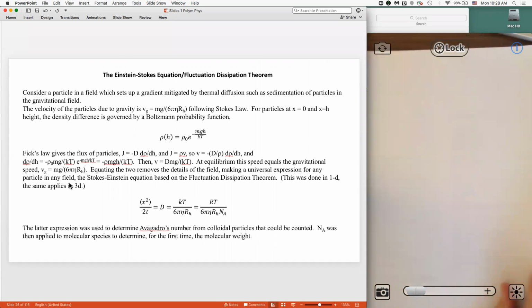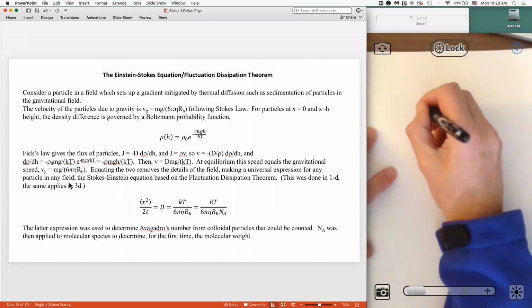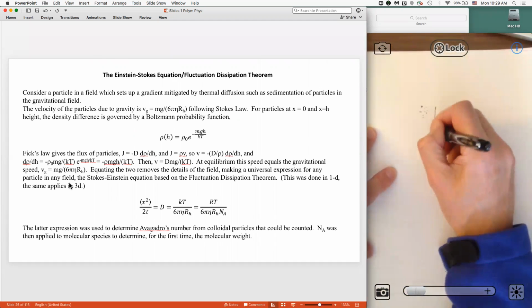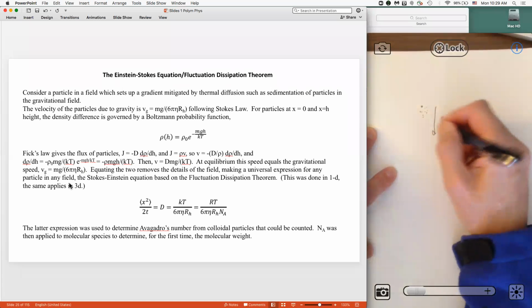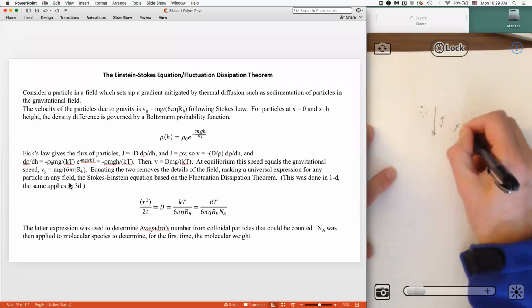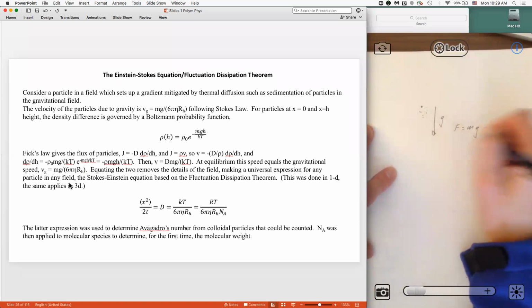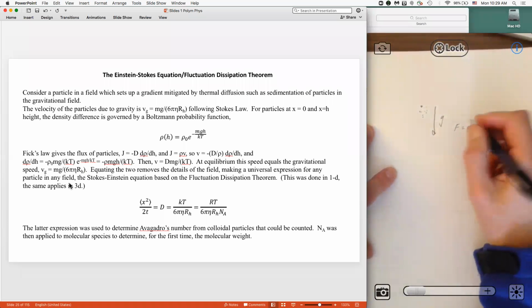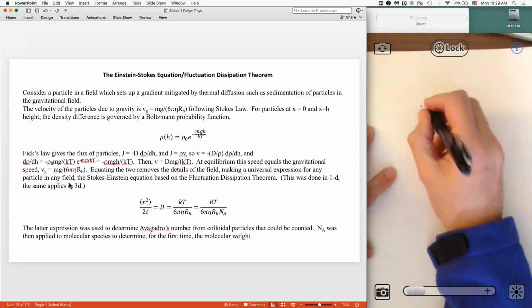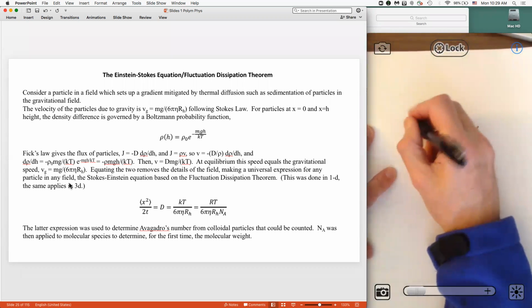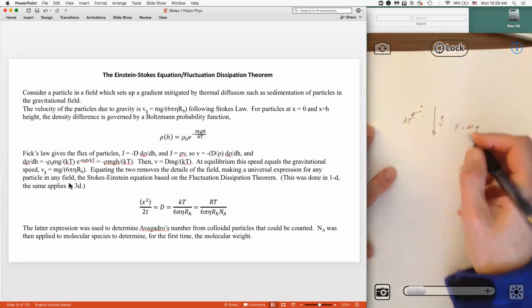The second part involves taking the same particles and applying a field, and the field Einstein chose is a gravitational field. So he has this gravity. The force is mass times acceleration, so it's mg. So there's a gravitational force, and there's also this kT force going on.